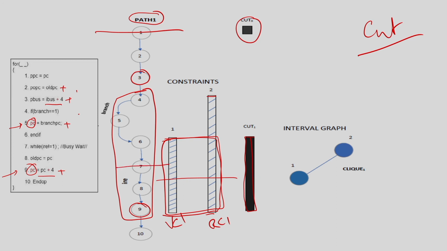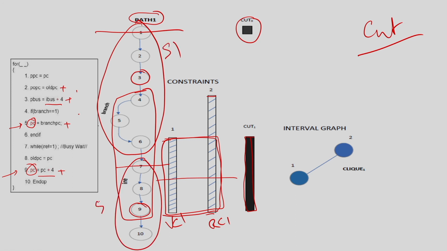What does it mean? It means I am going to execute this part of the behavior in timestamp 1 and this part of the behavior in timestamp 2, right. I need S1 and S2. You can understand that there are 10 operations and, at least for my example, I need only 2 states. That is the benefit I get through path based scheduling.